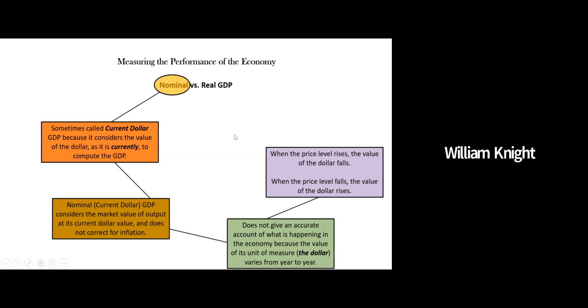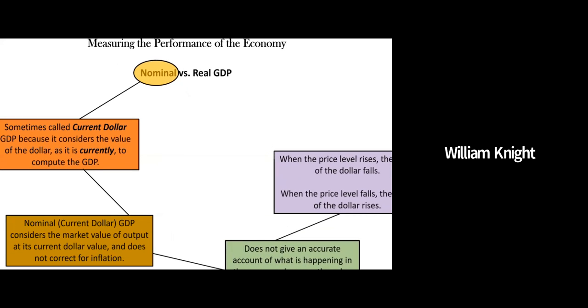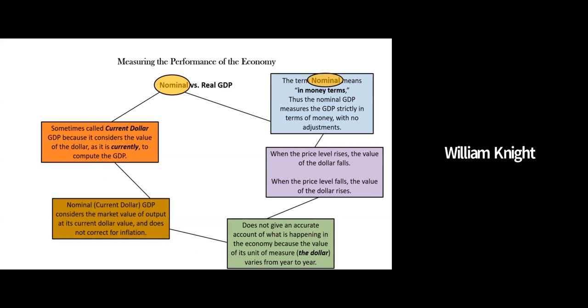And when the price level falls, the purchasing power value, the real value of the dollar, rises. So the term nominal means in money terms. Thus, the nominal GDP measures the GDP strictly in terms of money, with no adjustments whatsoever.